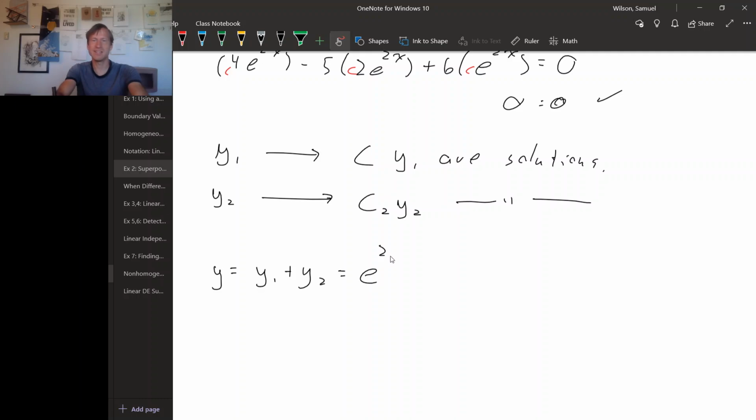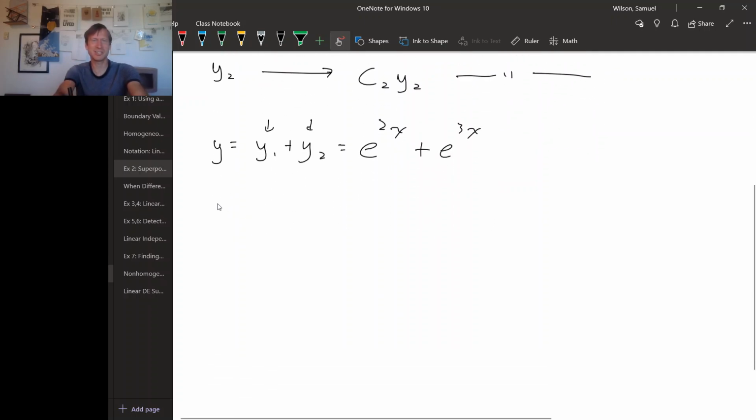So that's going to give us e to the 2x plus e to the 3x. All of the calculus and algebra we would do to check that these are individual solutions would just distribute and make this sum a solution.